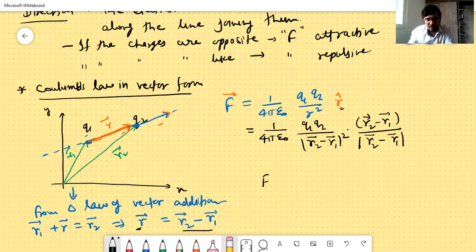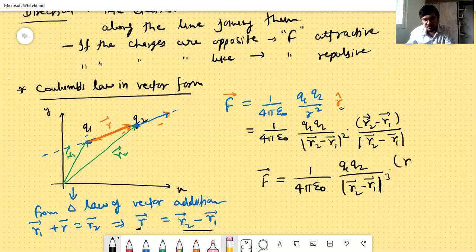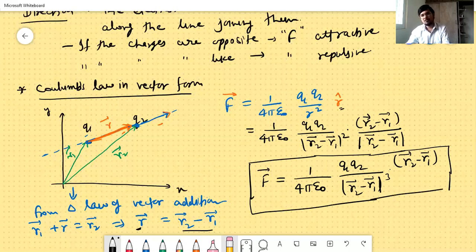So finally, what do we have for the force? We have 1 by 4 pi epsilon naught Q1 Q2 by magnitude of R2 minus R1 whole cube into R2 minus R1. That's it, guys. This is Coulomb's law in vector form. I hope this is clear to all of you.